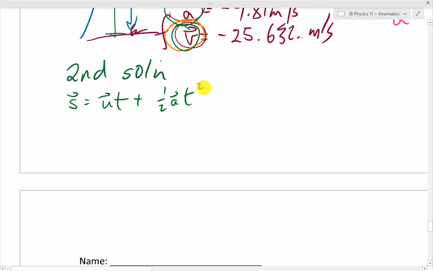Now here's the problem. Now we have S, we have U, which is a positive value. It's not 0. We also have acceleration, but now we end up with two t's, our unknowns, in two of the terms, and they are raised to different powers.